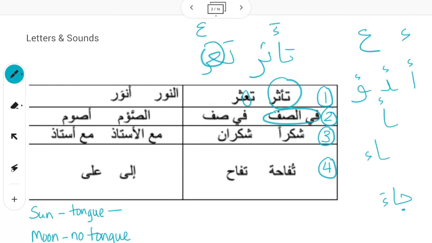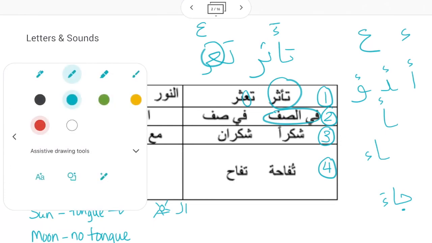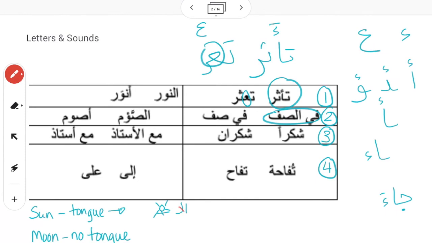In sun letters, if you have alif, lam, and a letter that's huruf shamsiyya, a sun letter, what we do is we skip the lam, we don't pronounce it, and we pronounce that sun letter with the shadda. So we take the a sound and we skip right over into that letter.